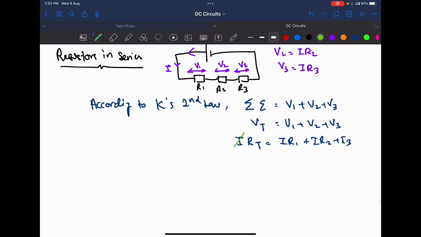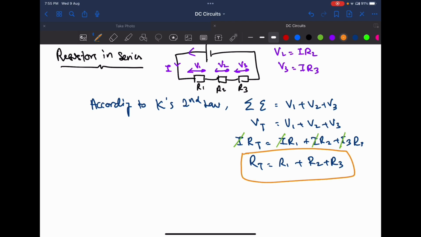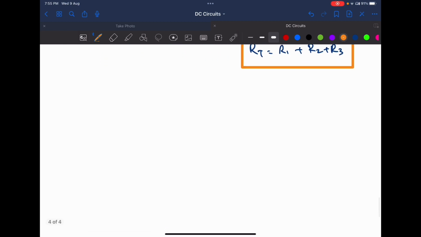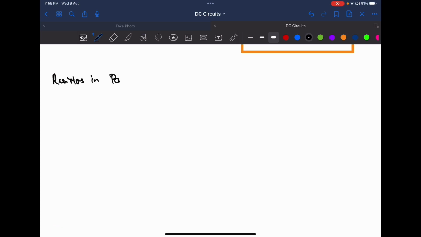So cancel the I. Therefore, we have R total equals R1 plus R2 plus R3. There you go, straightforward. The next part, resistors in parallel.